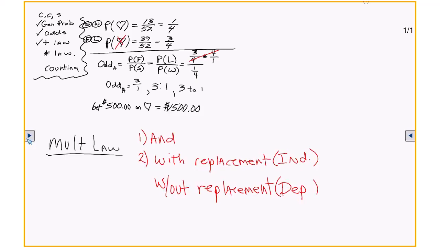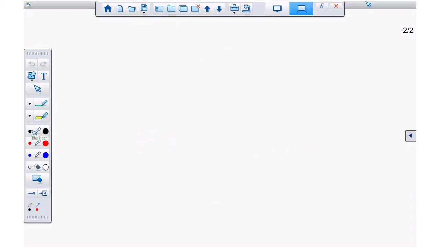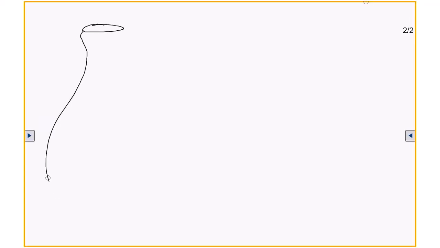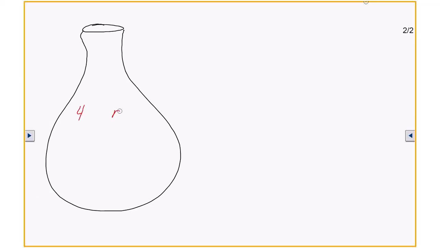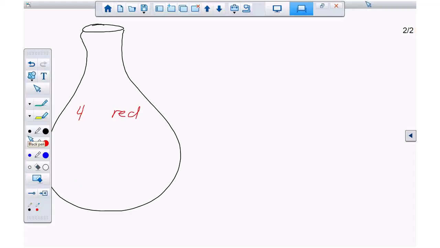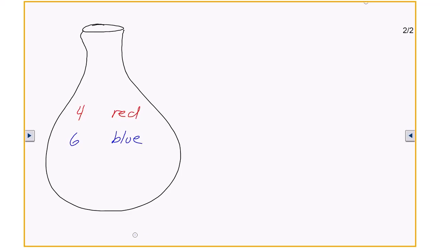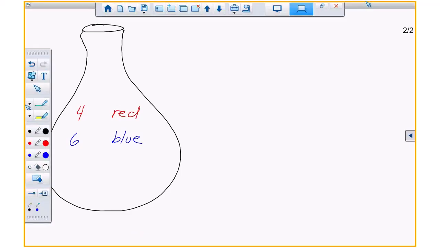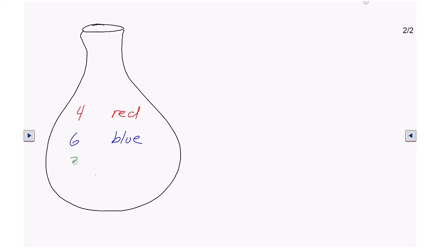I'll draw a big old marble bag. In that marble bag, we've got 4 red marbles, 6 blue marbles, and 3 green marbles.